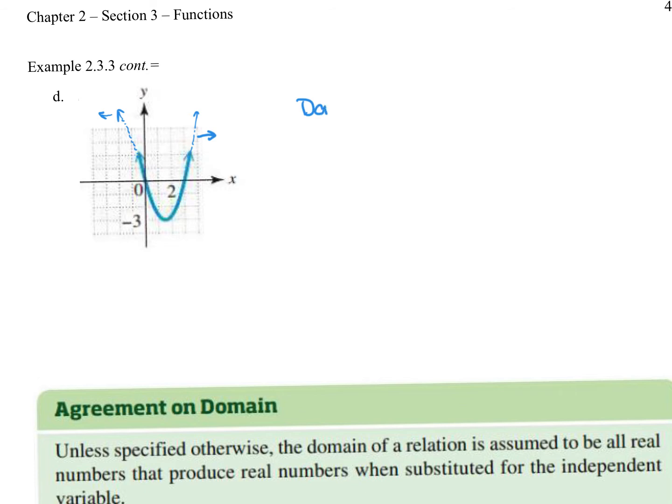So my domain, negative infinity to infinity. My range, however, I do have a very, very bottom. Here's my very, very bottom, and it's -3. So for my range, I touch -3 and go up, because the graph goes up forever to infinity with a parenthesis.